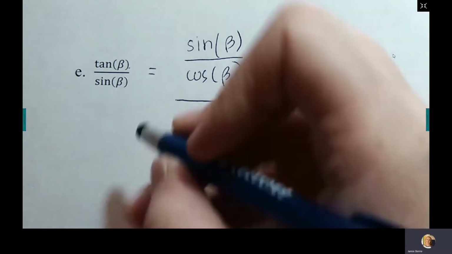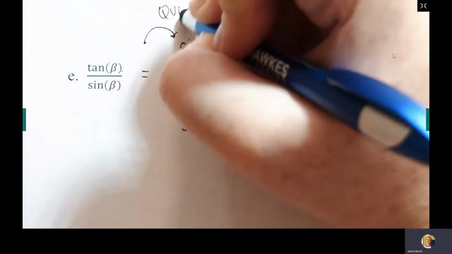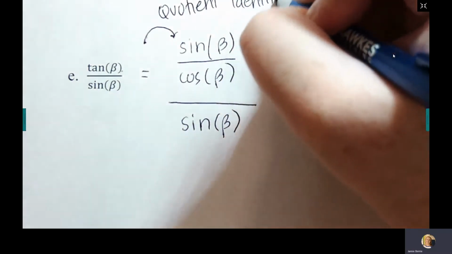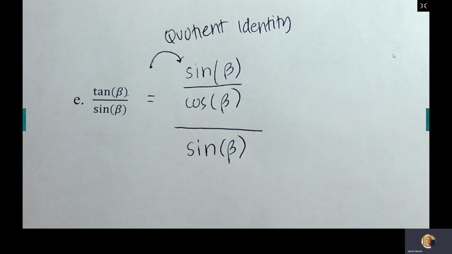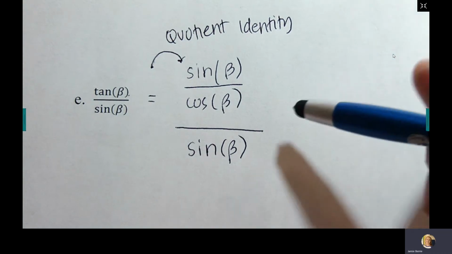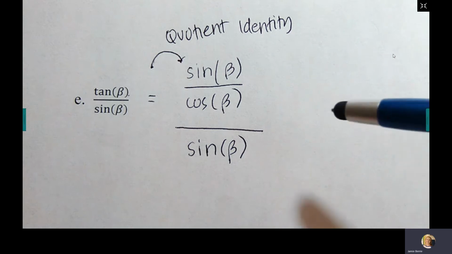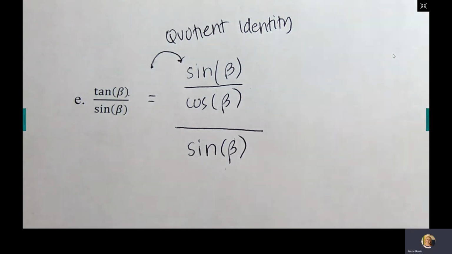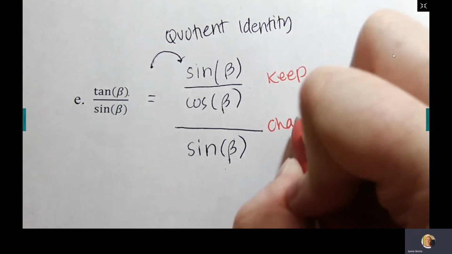Right, so that was a quotient identity. Now we'll just do algebra from here on out, and then I think we have to use one more trig identity maybe. So we're going to keep, change, flip. I saw y'all doing that on the test, so I know you know how to do it. Keep, change, flip.